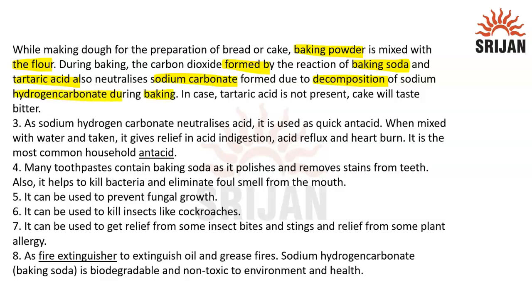So how is CO2 produced? It is produced by the reaction of tartaric acid with the baking soda, or you can say sodium hydrogen carbonate. In case tartaric acid is not present, the cake will also be bitter.